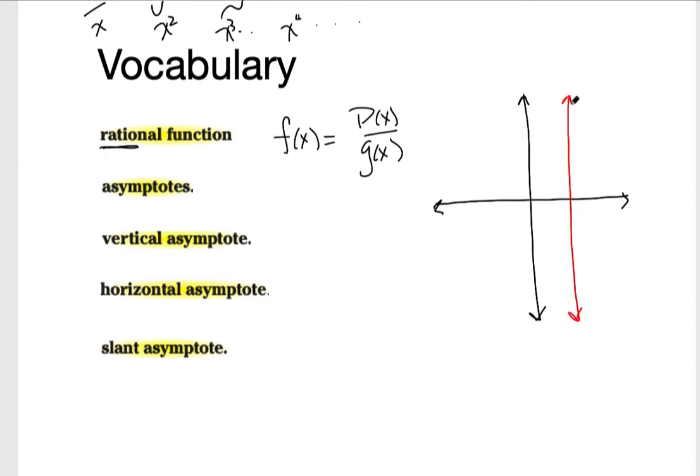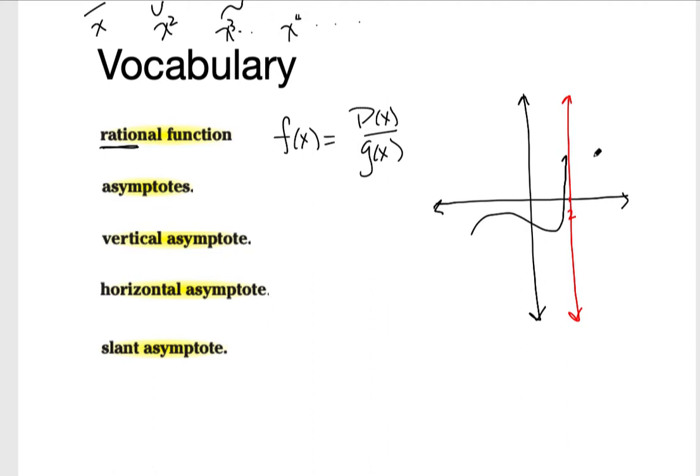Let's say you have an asymptote at the value x equals 2. That means your graph can be doing all kinds of stuff on either side, but it's never going to actually touch that. It's never going to cross that space.